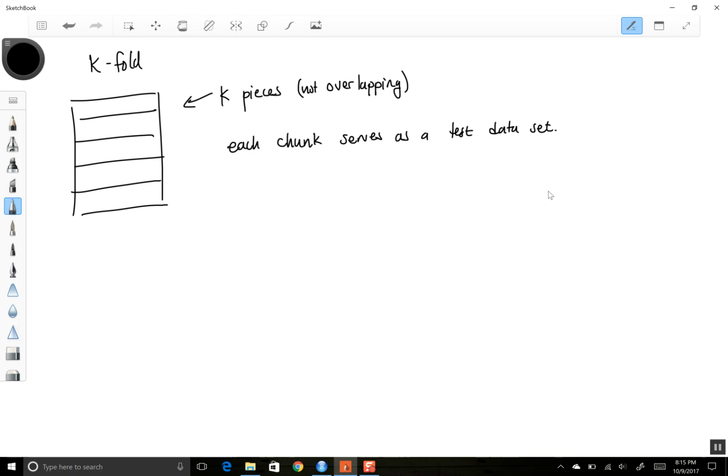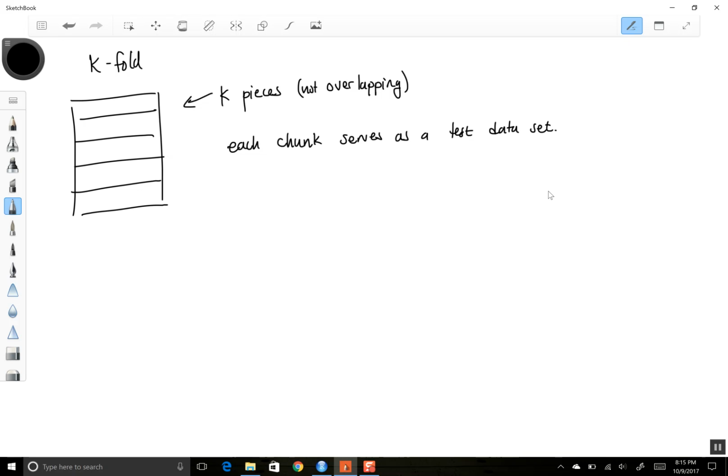So the problem is that there is so much overlap between the training sets when you're doing leave-one-out cross-validation versus k-fold cross-validation. There's still a lot of overlap in k-fold, but significantly less.